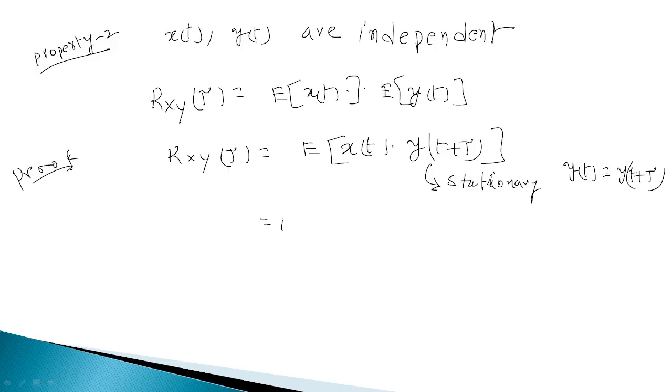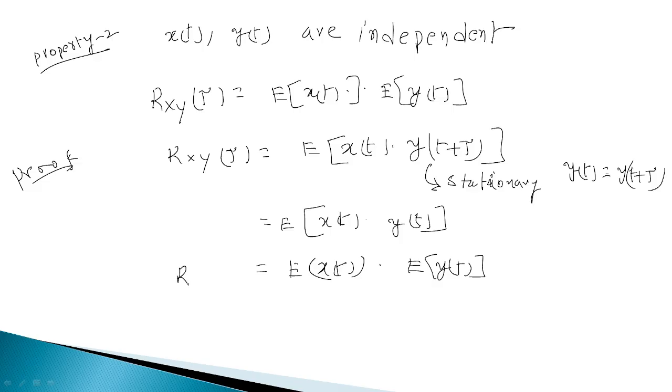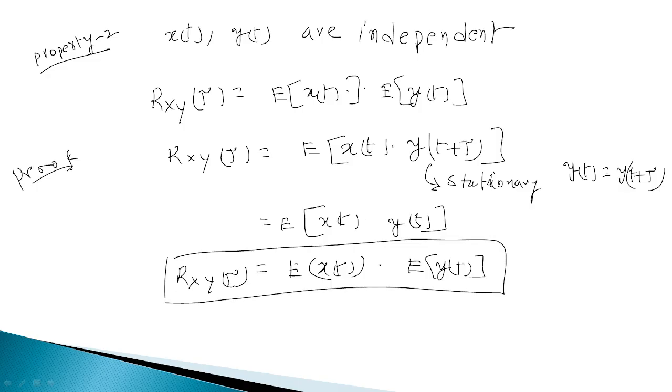Therefore we can write E of x of t into y of t plus tau equal to E of x of t into y of t, so we can separate the expectation: E of x of t multiplied with E of y of t. This is R_XY of tau.